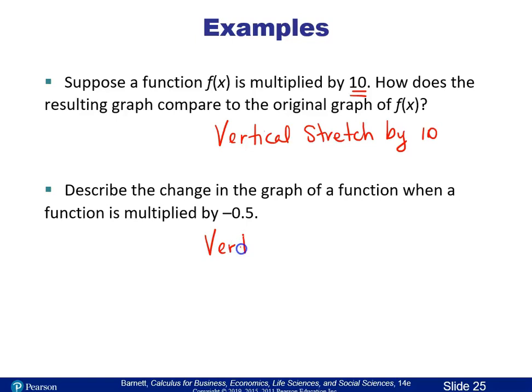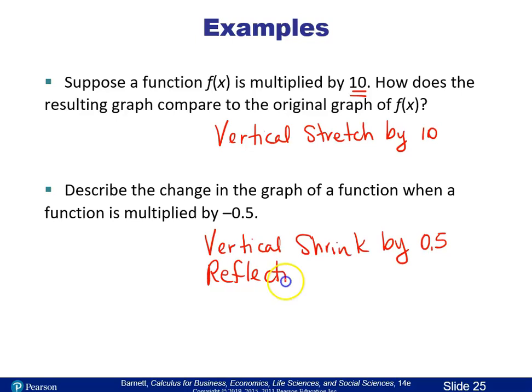That's going to be a vertical shrink by 0.5 and also a reflection in the x-axis. Okay, so the reflection is due to the negative. The shrink is because this is between 0 and 1.